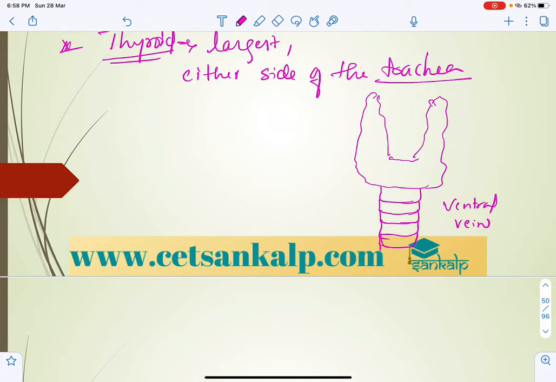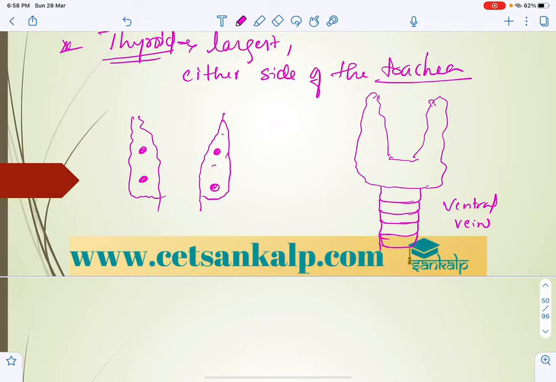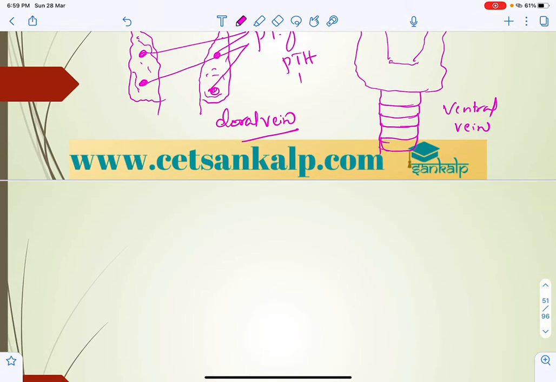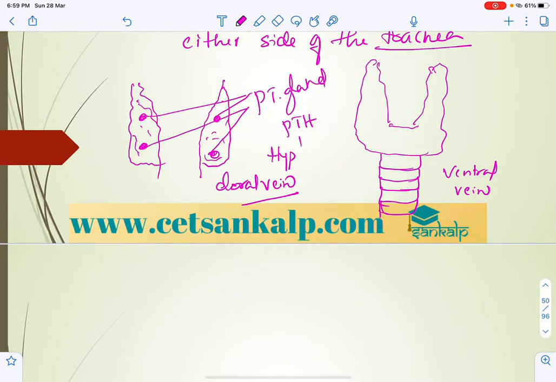In this condition we won't see the hyaline cartilage, we can see just a lobe here, and the parathyroid glands are present behind the thyroid gland. So this is the dorsal view of the thyroid gland, with the paired parathyroid glands, which produce parathormone, already discussed, a hypercalcemic hormone.